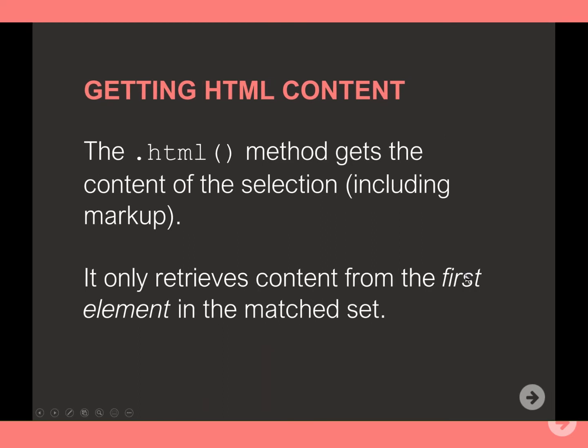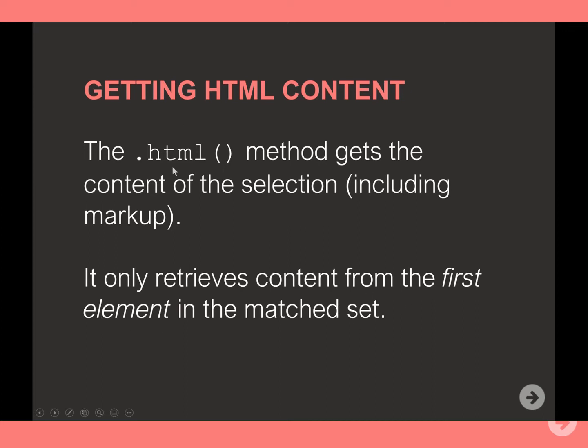In fact we have two methods for this. The first one is called the HTML function method. This one will get the content of the selection, and we need to make sure it only returns the content of the first element in the matched set.